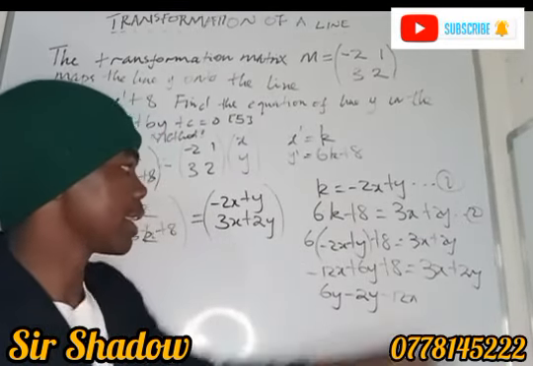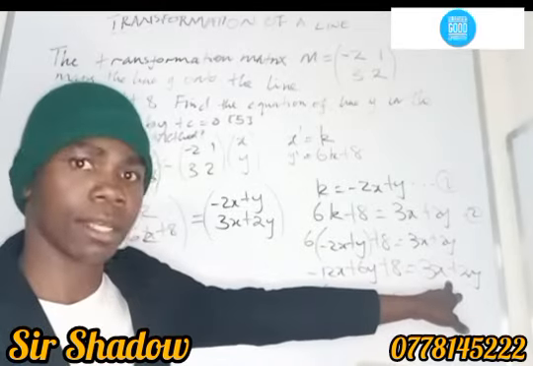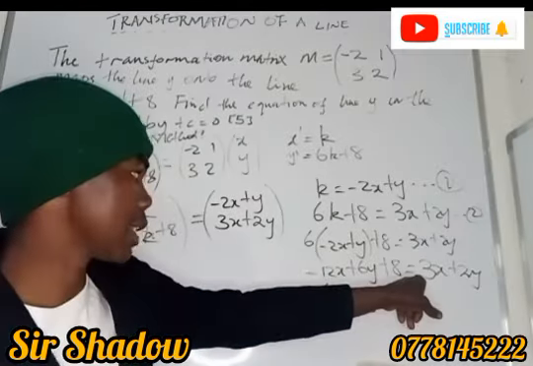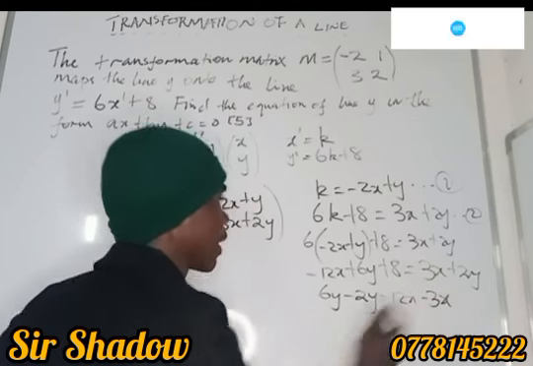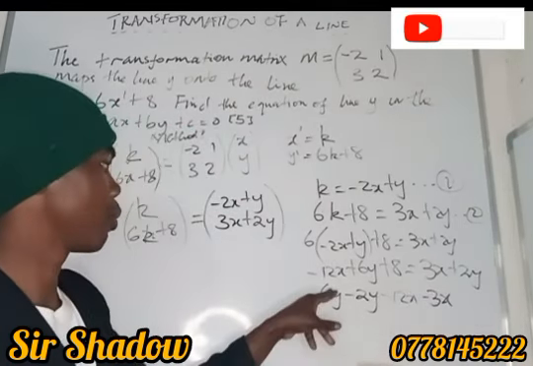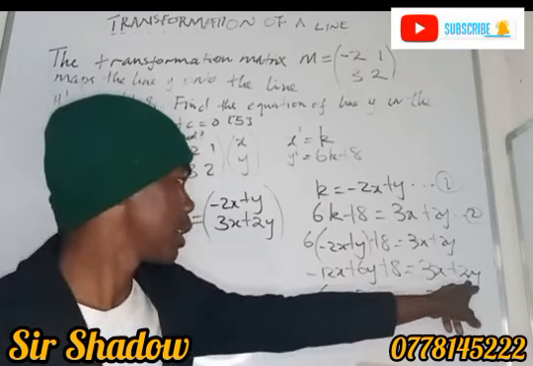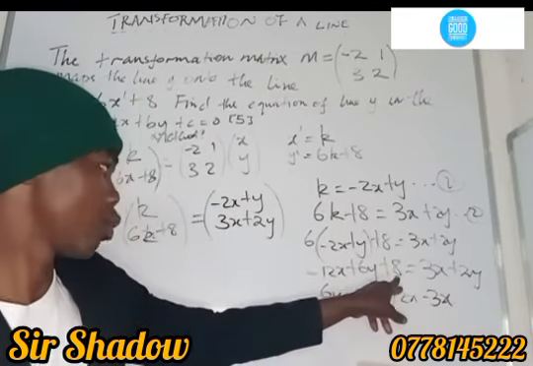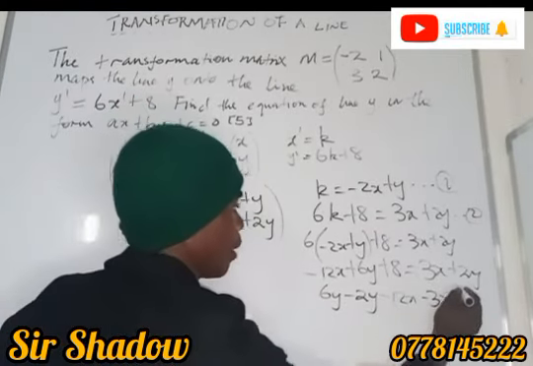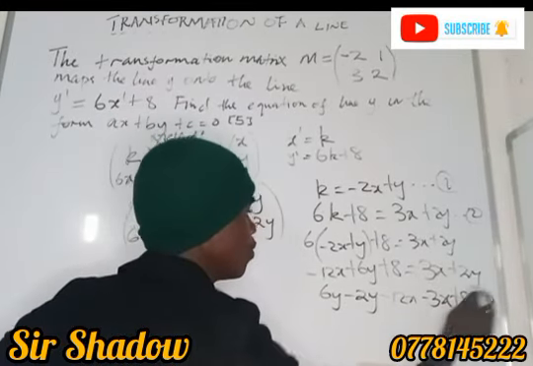Since you are crossing 3x from this side, it crosses this equal sign and becomes minus 3x. Then this one and this one, which is 8 plus 8... is equal to 0.